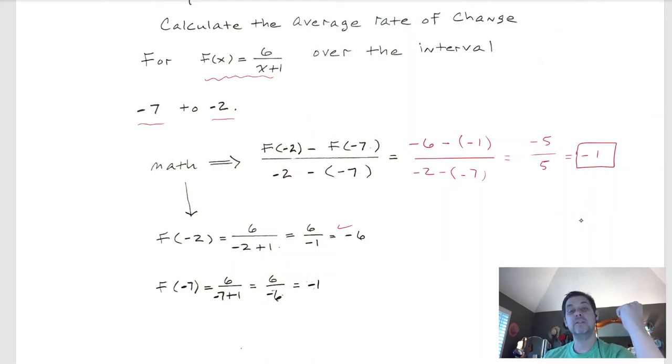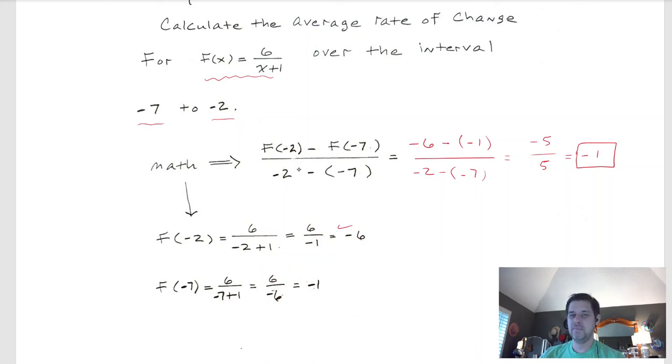Now, I showed you two different ways because I'll give you that freedom. If you realize this is how the average rate of change is calculated, how you do the math from there, as long as you get all the right numbers, it really doesn't make that big of a difference.